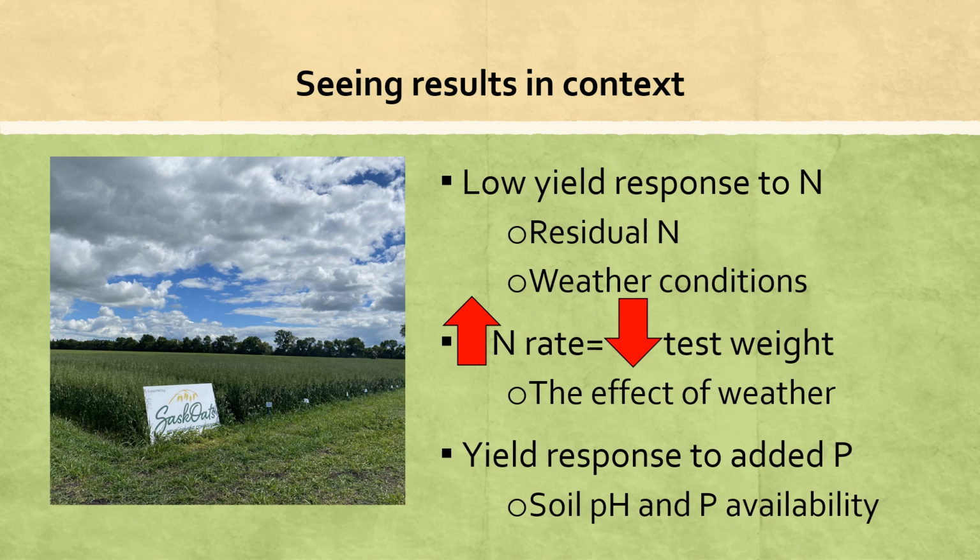For example, in Melfort in the spring of 2022, our residual soil nitrogen levels were around 71 pounds of nitrogen per acre in the top 12 inches of the soil, while at Scott, the residual soil nitrogen was 24 pounds per acre in the top 12 inches of the soil.